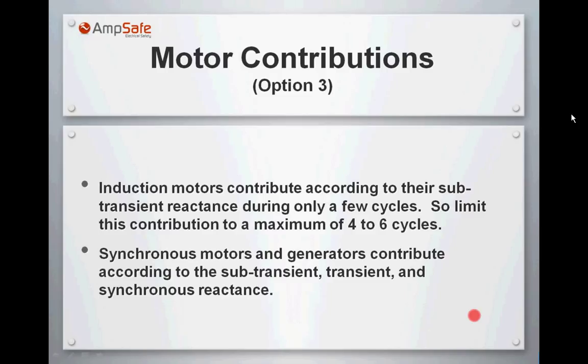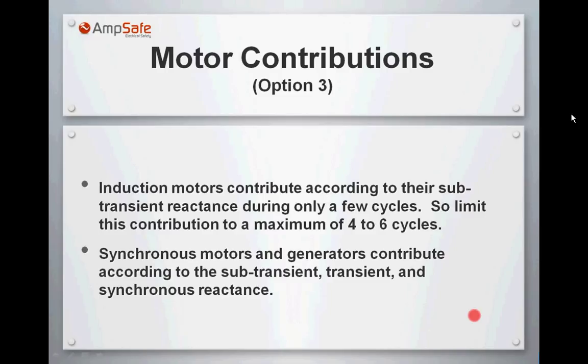So if you have that motor acting as a generator, this induction motor acting as a generator during a fault, because the impedance changes from very low to very high, you have that contribution changing from very high to very low. And induction motors, in the beginning, they have a very low impedance called the sub-transient reactance.